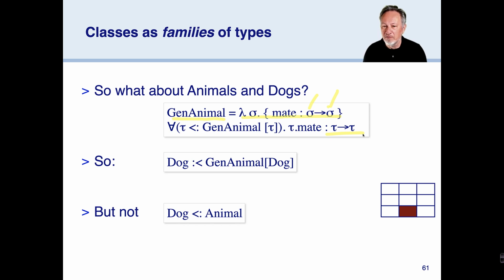It's going to have that type. As a consequence, a dog is going to be a subtype of gen animal of dog, because gen animal of dog will have a mate method that allows dogs to mate, but not animals to mate, because we're plugging dog in here. But dog is not a subtype of animal. It's a subclass, not a subtype.